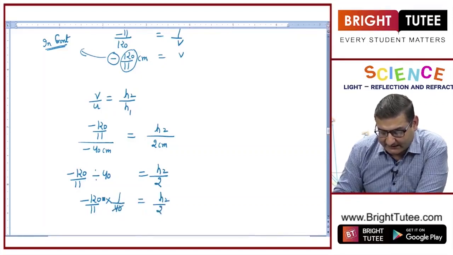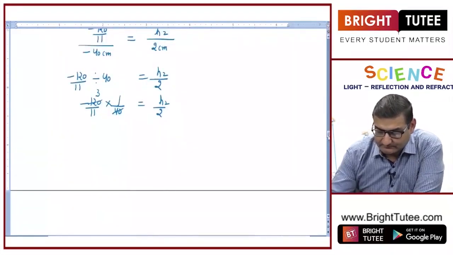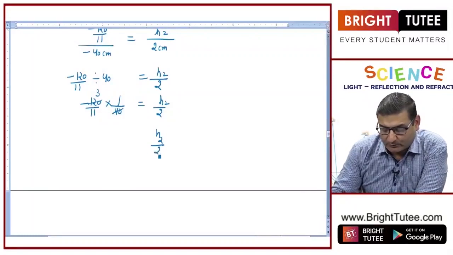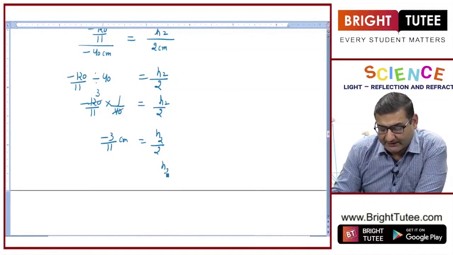Now cancelling this thing, I'll get h2 by 2 is equal to minus 3 by 11 centimeters. Now just cross multiplying it, h2 becomes minus 3 by 11 multiplied by 2.